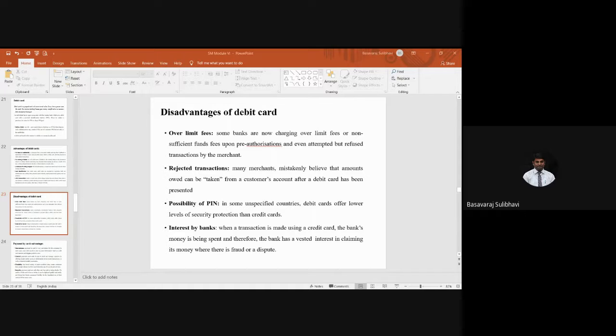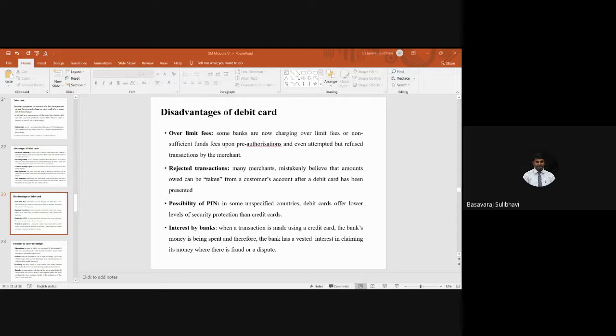The debit card holders can use those cards for transactions, and for each transaction, whether successful or not, the number of transactions is going to be limited, or specific for certain users. Above that, they are going to charge some fees for using the debit card.